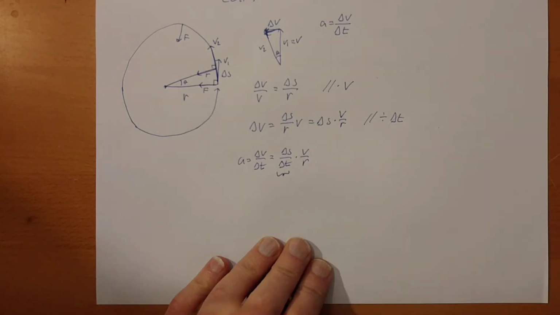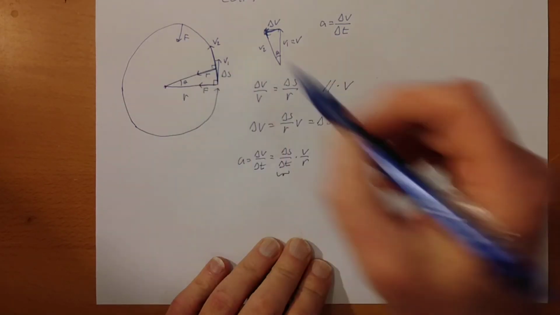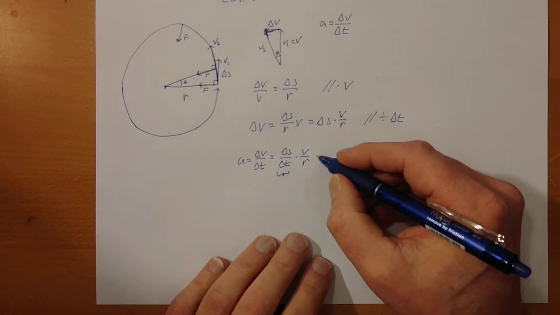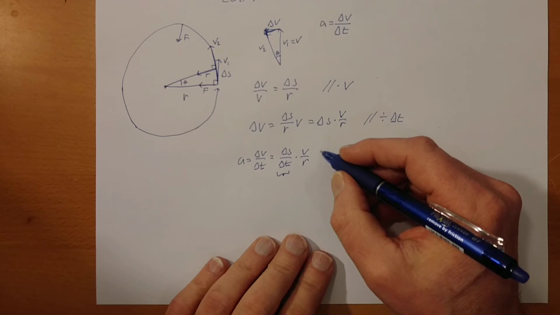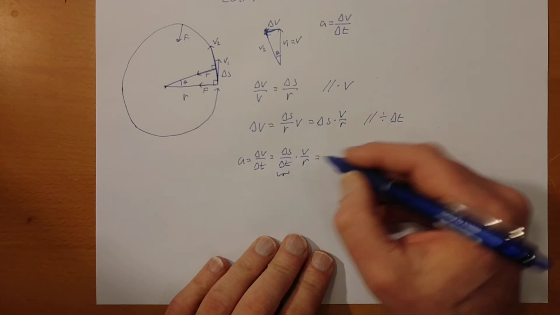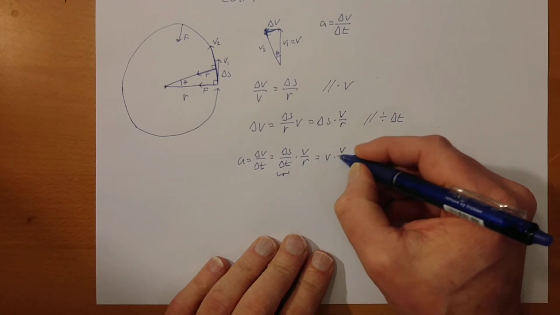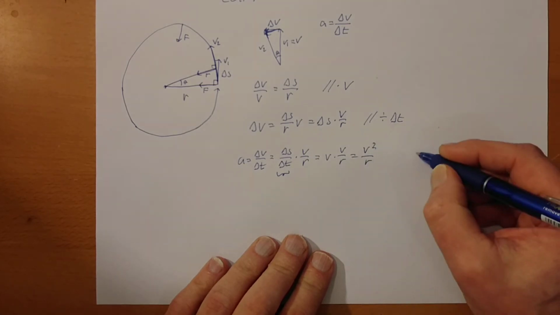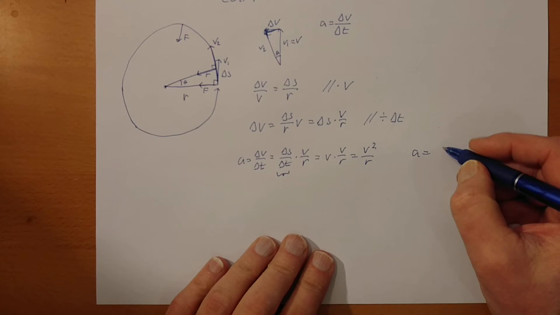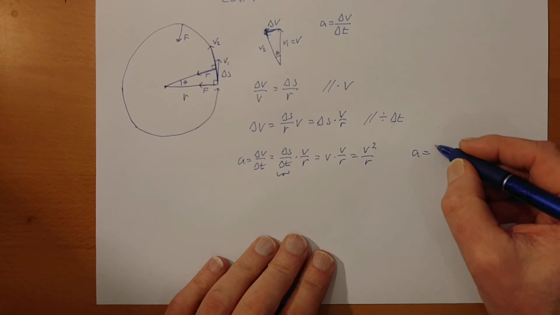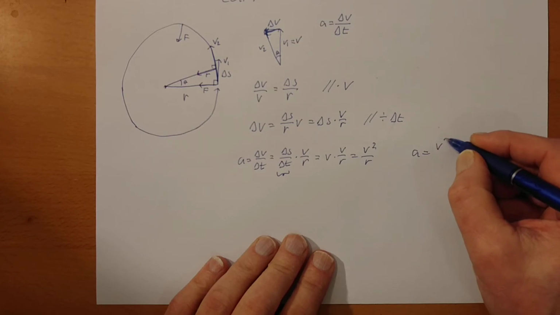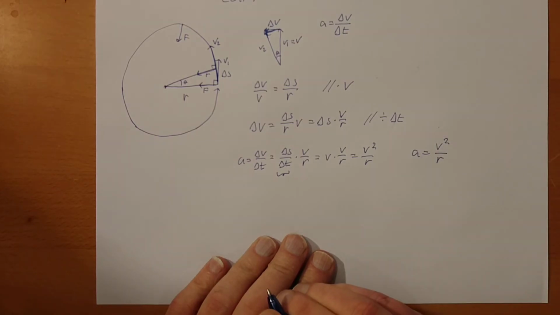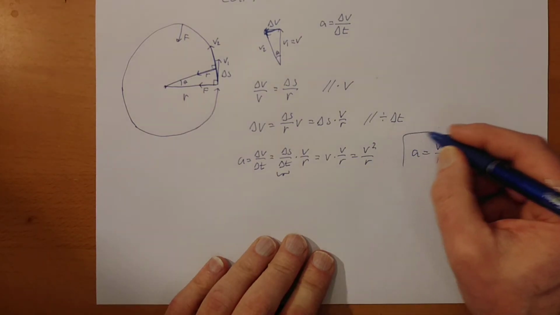But this thing here, delta S over delta t, is nothing but the velocity, or the speed rather, of the thing going about in an orbit. So this will be v times v over r, which will become v square over r. So we have this important formula: acceleration in circular motion is v square over r.